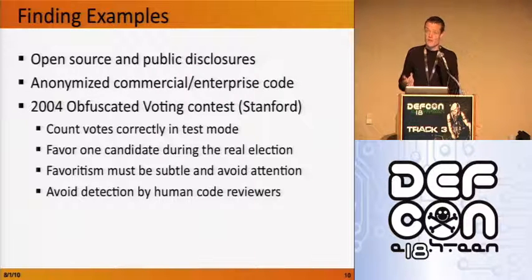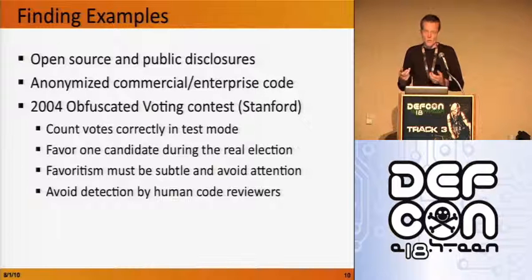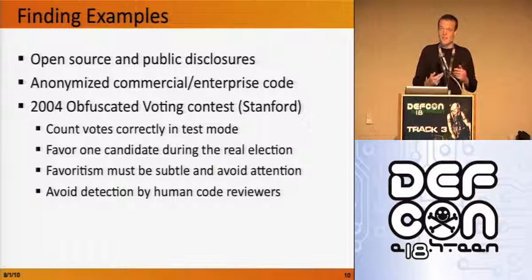But one of the most useful sources of examples that we found was a contest run at Stanford in 2004 called the Obfuscated Voting Contest. The goal there was to write an electronic voting system that contained malicious code, basically an insider threat to miscount votes and skew the results of the election subtly towards one of the candidates.